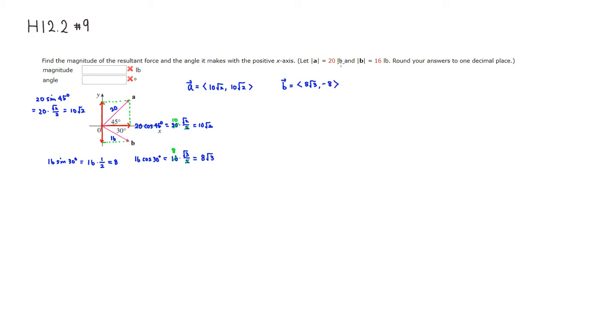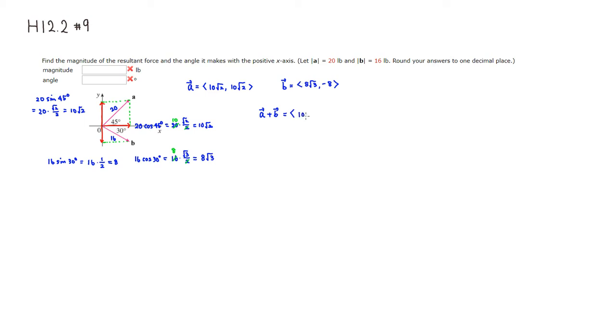So the combined force would be just the sum of these two vectors, vector A plus vector B. You just do addition component-wise.